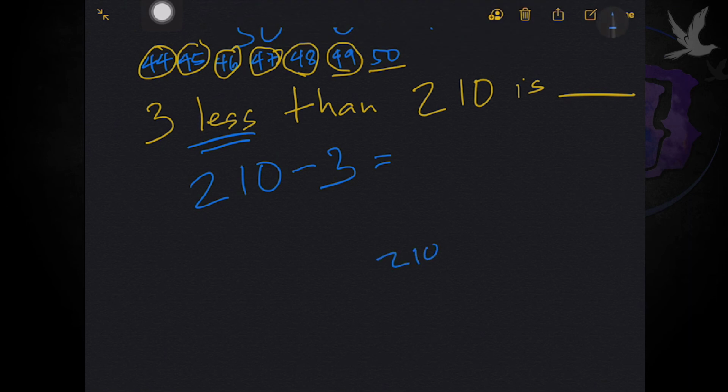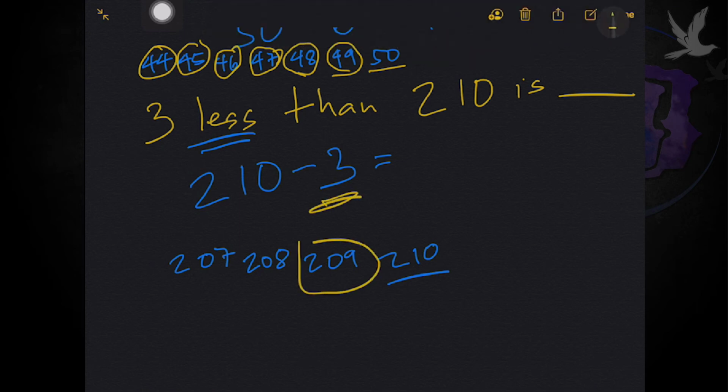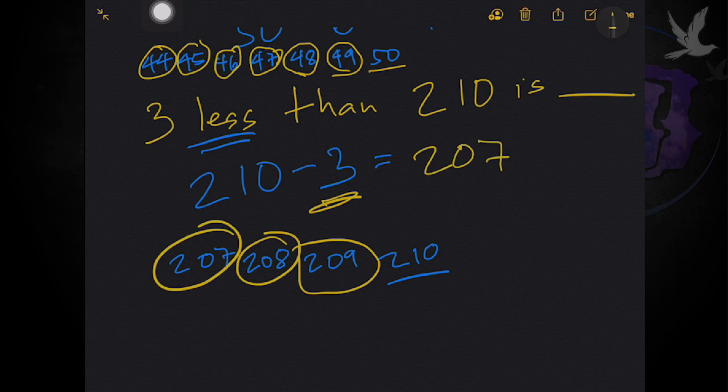Counting backwards, if you remove 1 from 210, we have 209, 208, 207. Again, from 210, we have to remove 3 units. So that's 1, 2, 3, which leaves us with 207. So our final answer here is 207.